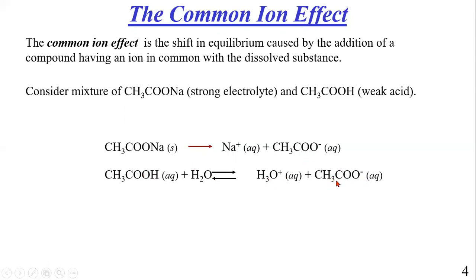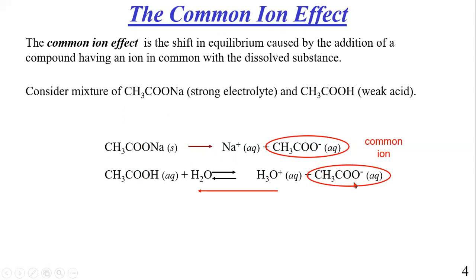And this happens now to be a common ion because we have this A minus coming from two sources. It's coming from the acid dissociation and from the salt dissociation. Thus, we call it a common ion. And when we have that, what happens to this net equilibrium is that the K doesn't change, the Ka doesn't change.